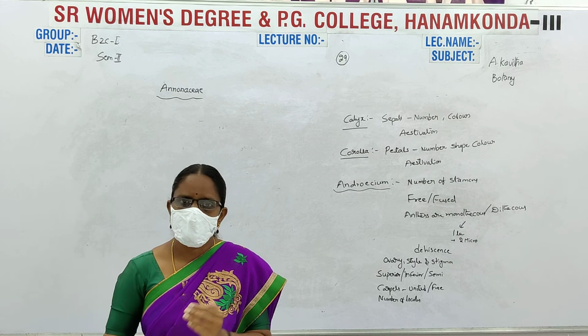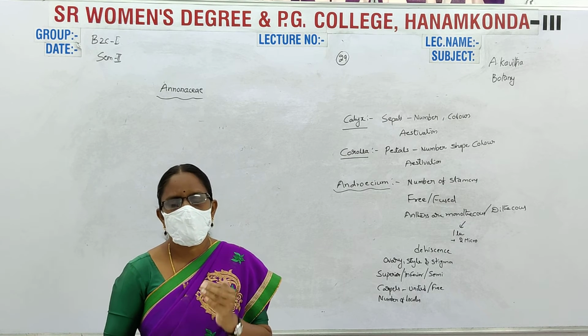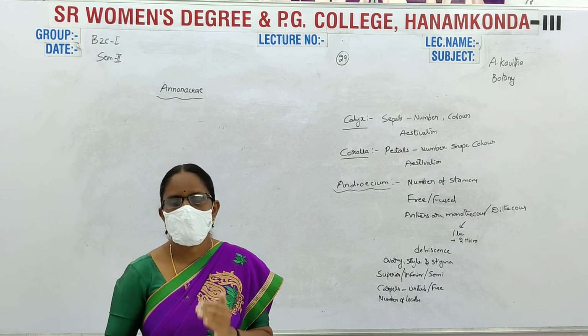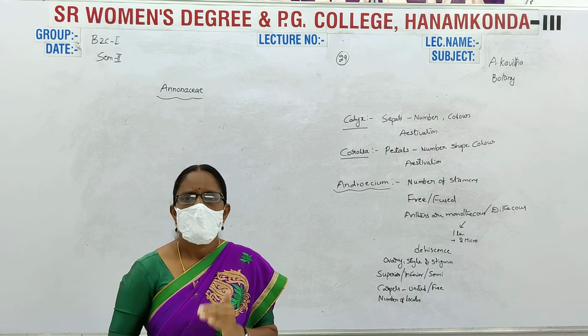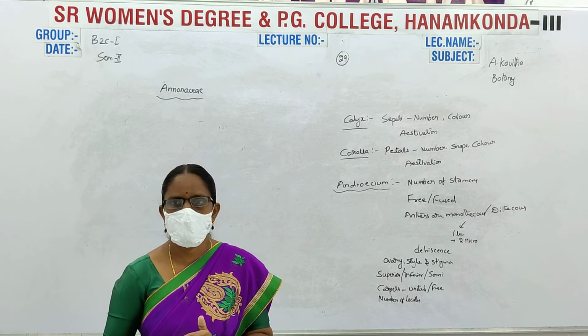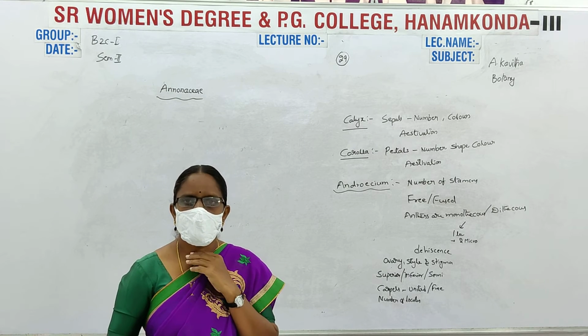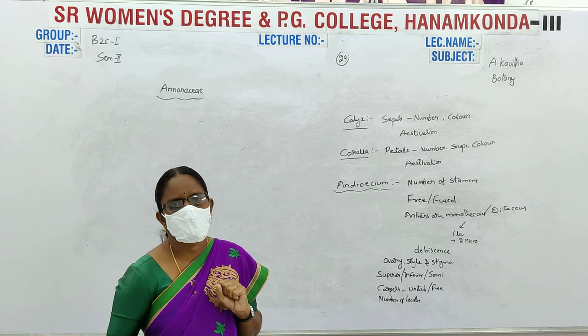Write the classification in this order: division, subdivision, class, subclass, series, order, family, genus, and species. This is the order of classification.